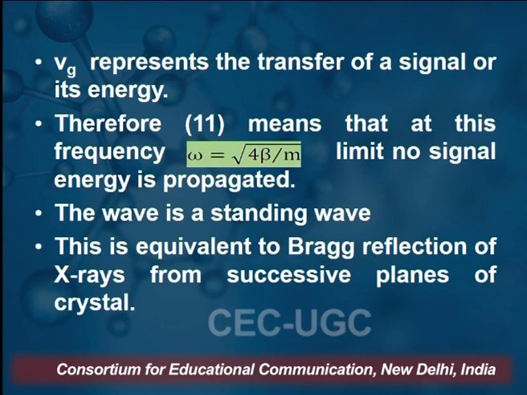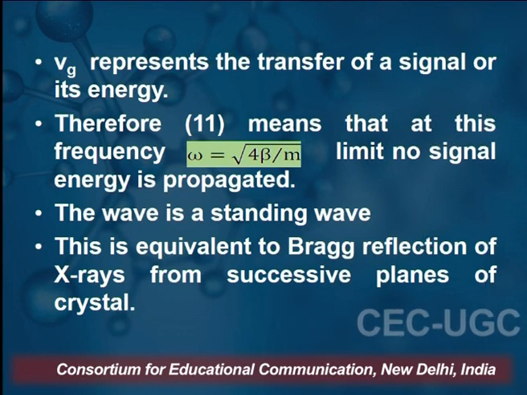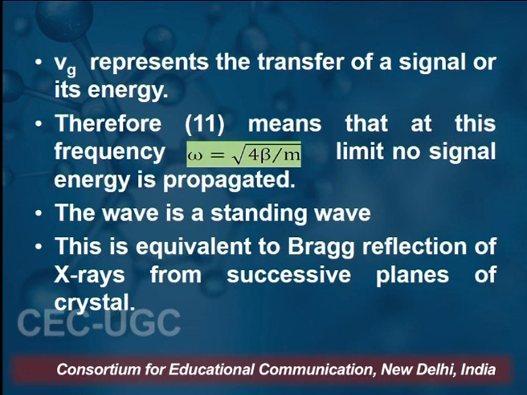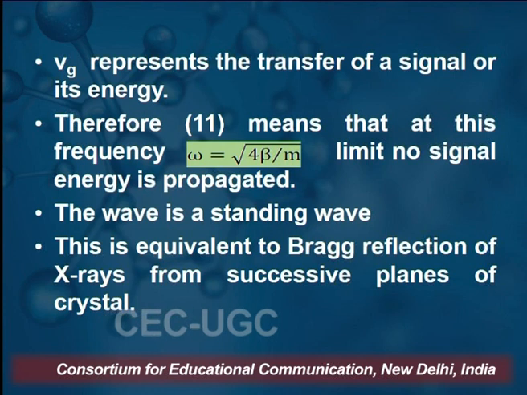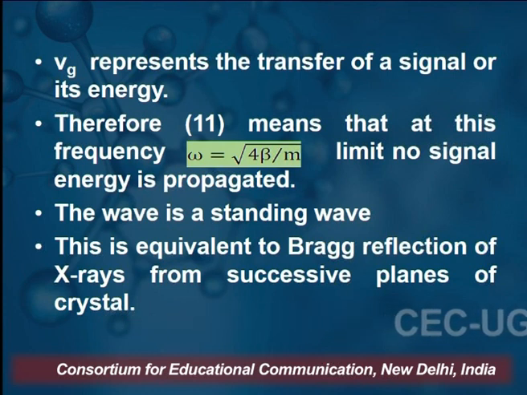So, Vg represents the transfer of signal and its energy. This means that at frequency under root of 4 beta by m, no signal or no energy will be propagated through the lattice. That means the wave formed will be a standing wave.